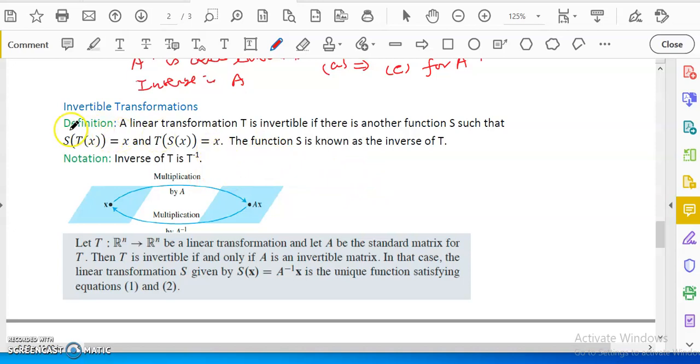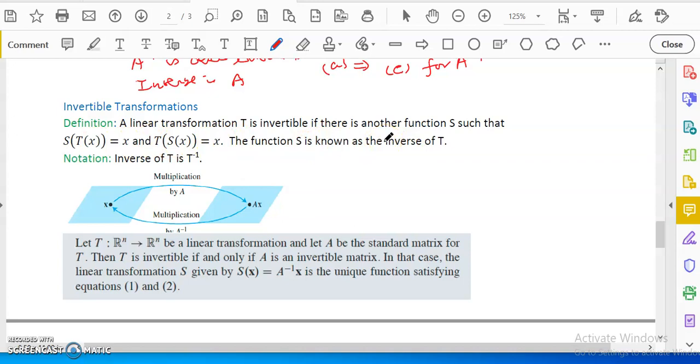So we would have something called an invertible transformation. If I have a linear transformation T and we say that this transformation is invertible, such that there is another function S so that T of S of x is the same as S of T of x is equal to x, then S is known as the inverse of T.